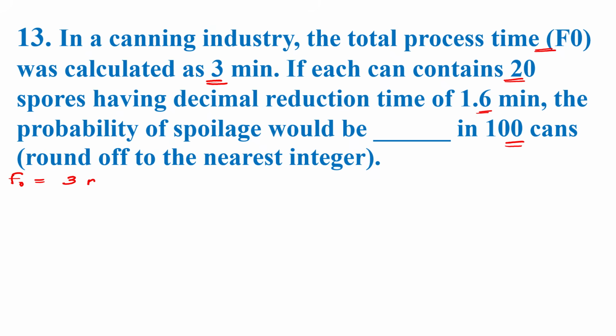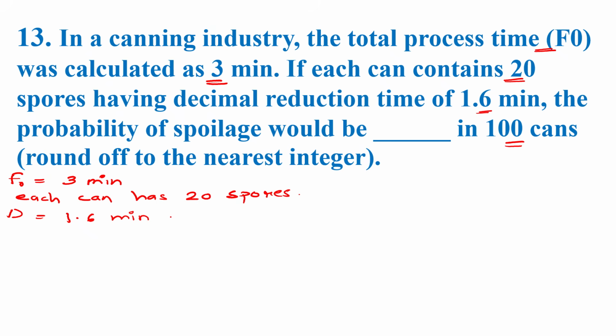And each can has 20 spores. And decimal reduction time, that is D value, it is given as 1.6 minute. And we have to calculate the probability of spoilage for 100 cans.